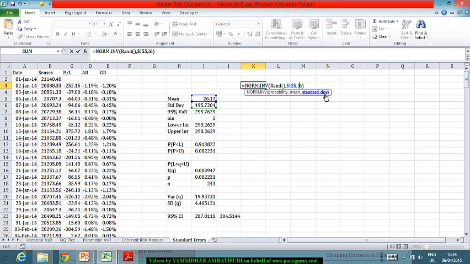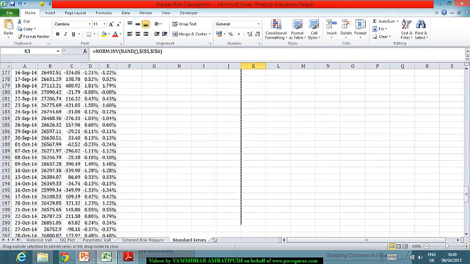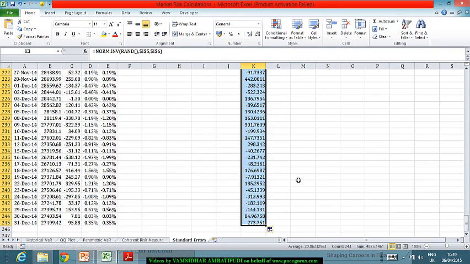Using this, I'm generating different possible values. So I'm generating a different scenario altogether.